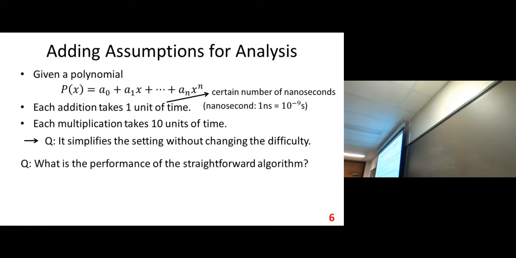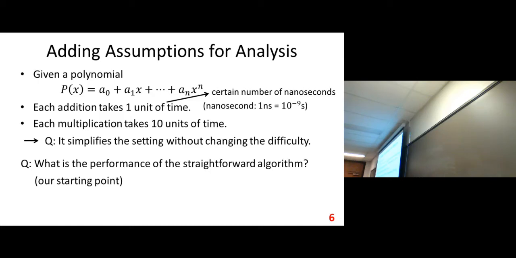Now the question: what is the performance of the straightforward algorithm? You know what the straightforward algorithm is, right? So now we need to do the calculation. Count the number of units of time we need if we run this straightforward algorithm.